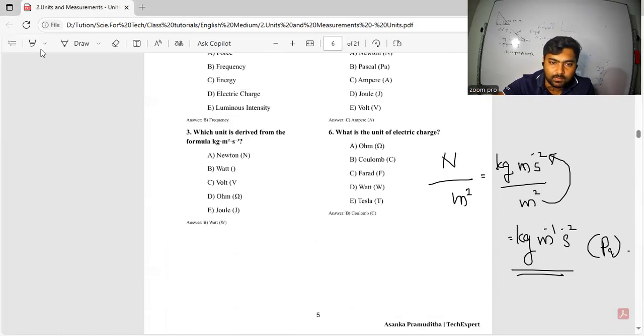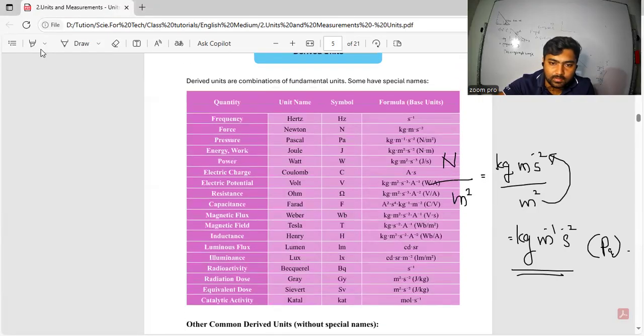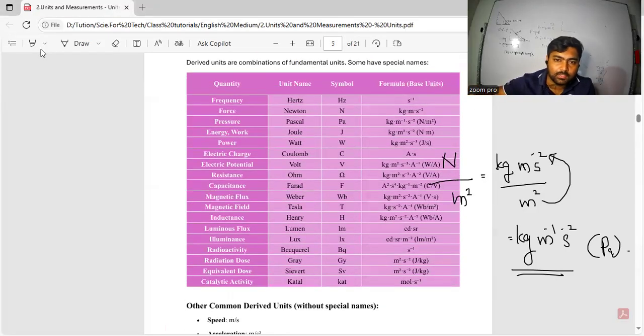If you are not sure, you can just check by this table. That is Pascal, pressure, kilogram, m^-1 s^-2.